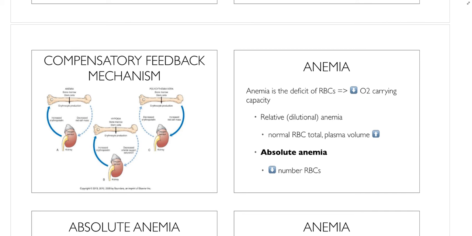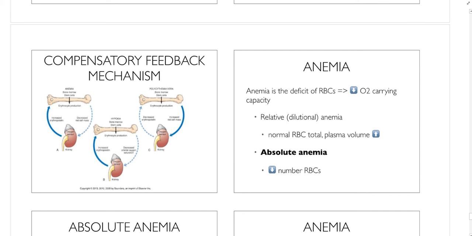Okay, so anemia is a deficit of red blood cells, meaning we don't have enough red blood cells to carry oxygen, we have decreased oxygen, and we have poor perfusion of oxygen to the tissues. We can have either relative or dilutional anemia, or absolute anemia.